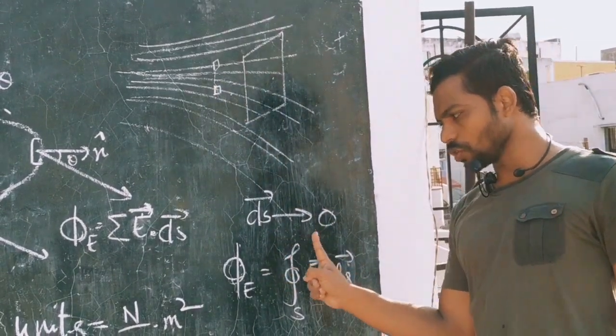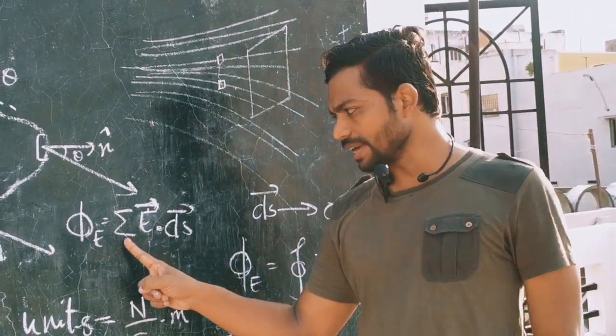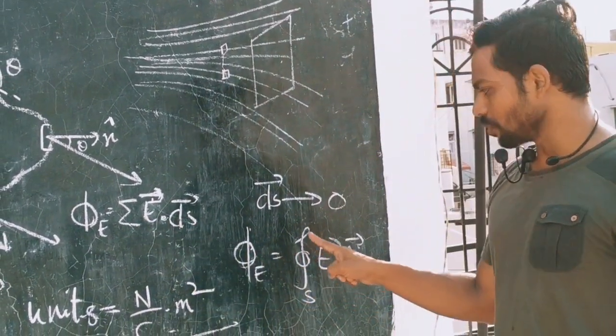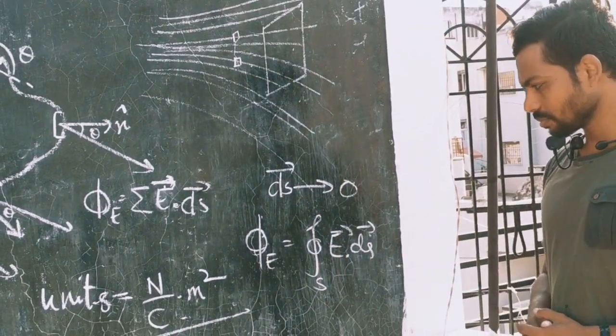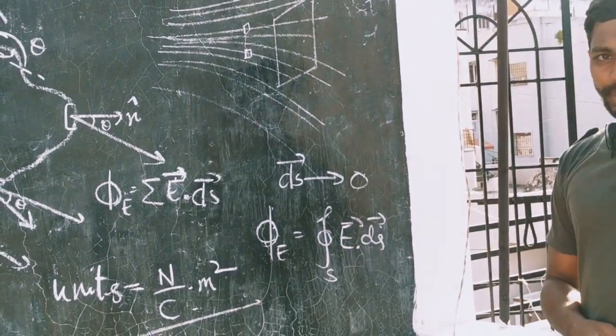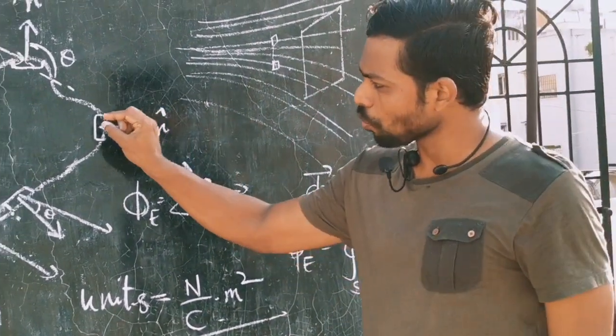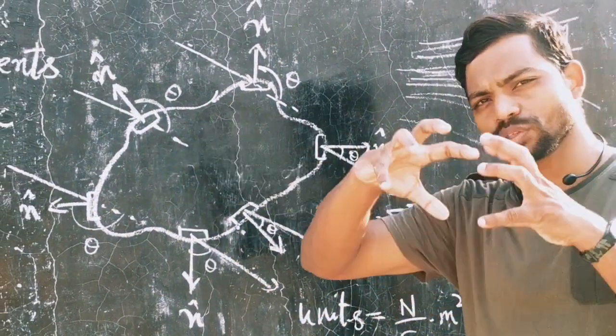In such a case, the expression which I gave earlier, the addition of E ds, will be converted into the surface integral of E ds. You can see here the circle, what it means. It means that we are adding all the small area elements over the closed surface.